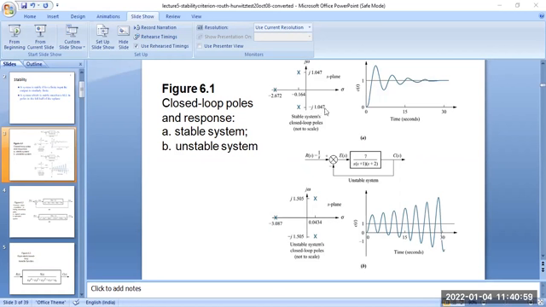This is a stable system of any closed loop system, that means feedback systems also.